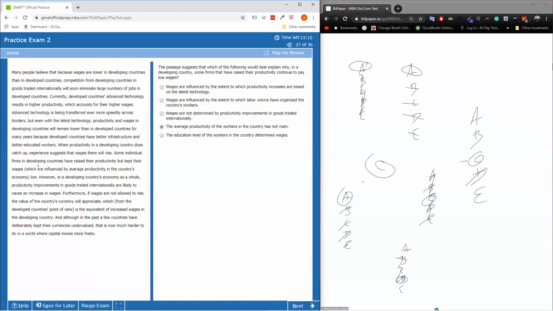When productivity does catch up, experience says the wages will rise.